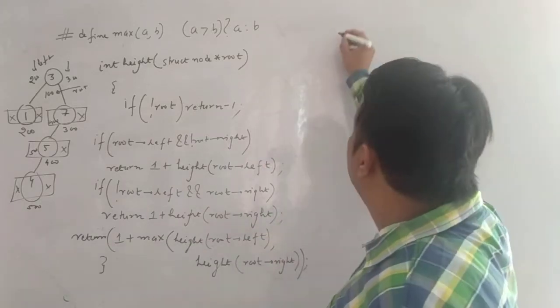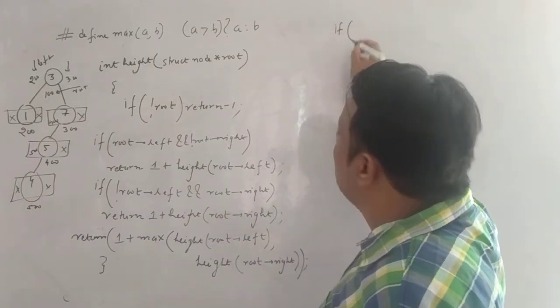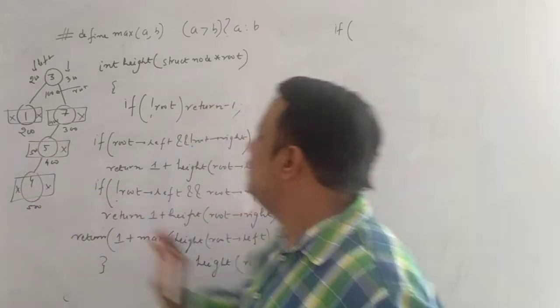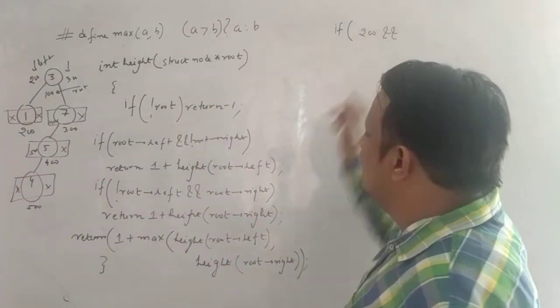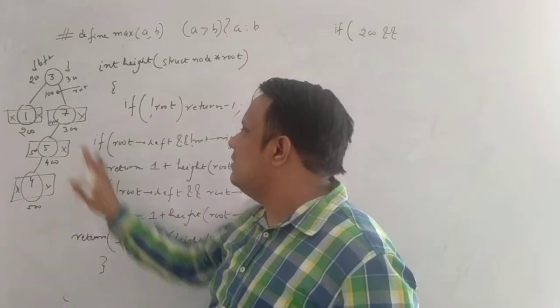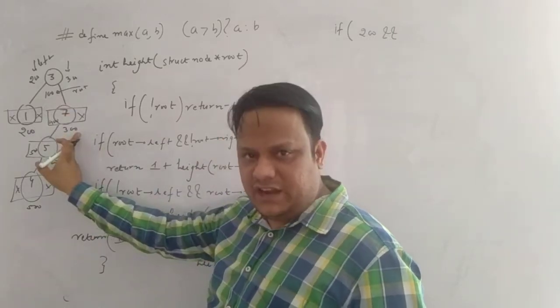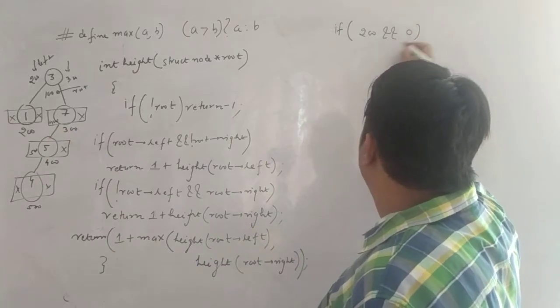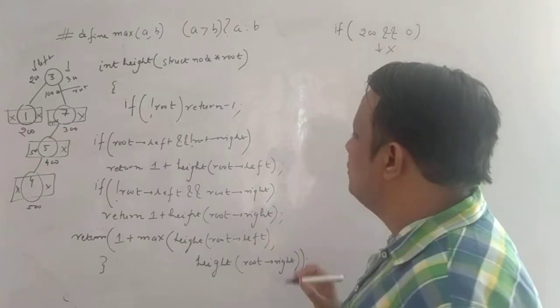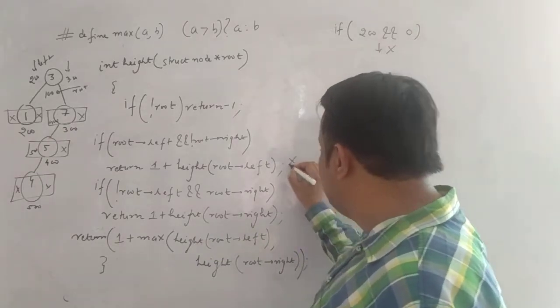Now if root left, 100 left is what? 200, right? And not of root right. Root right is 300, right? Not of 300 is 0. So this condition becomes false, so we will not evaluate this statement.